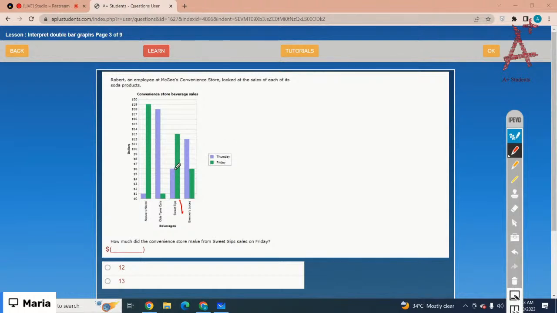So Thursday has the value 6 and Friday has the value 13. So sweet sips sales on Friday are 13. Got it? So the correct option is 13.